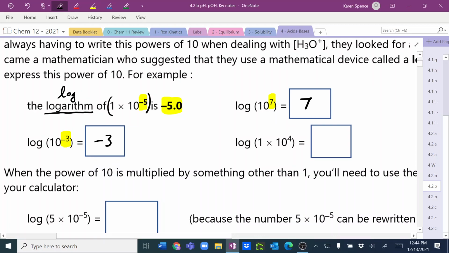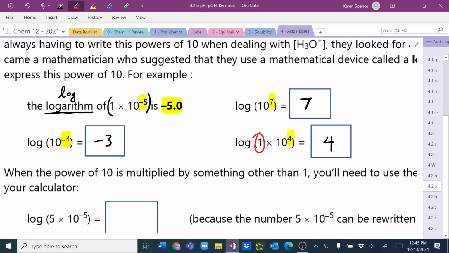And if we take the log of 1 times 10 to the 4, we get 4. Okay, so that's what a log is basically: you're finding the power of 10. Now, this is all very well and good as long as that part of the number is a 1, okay?